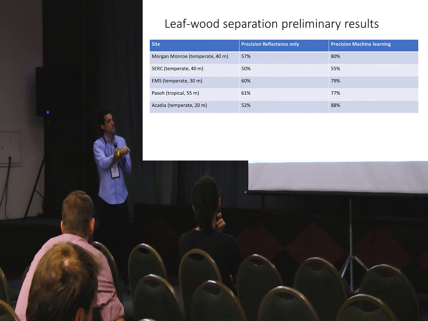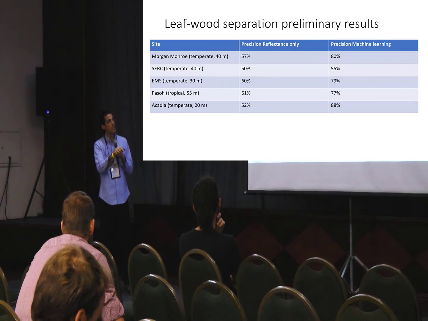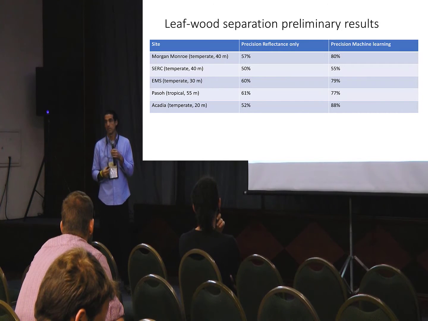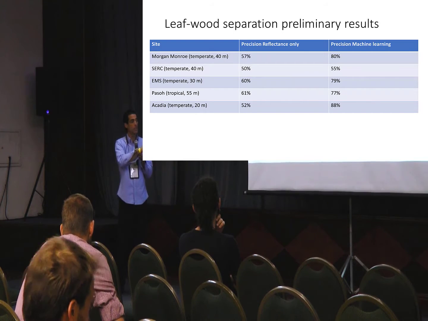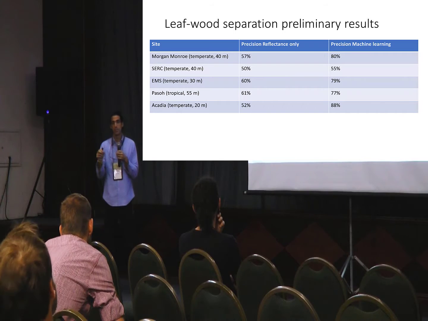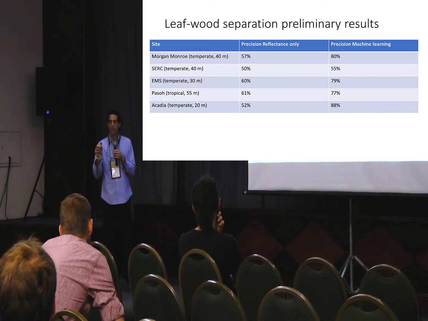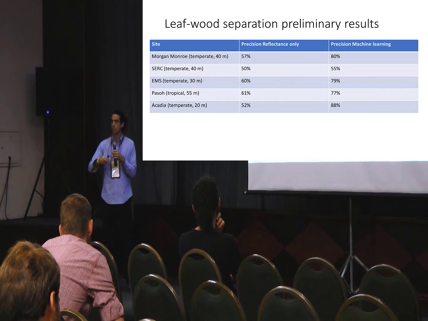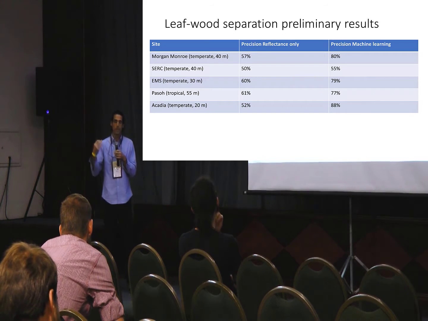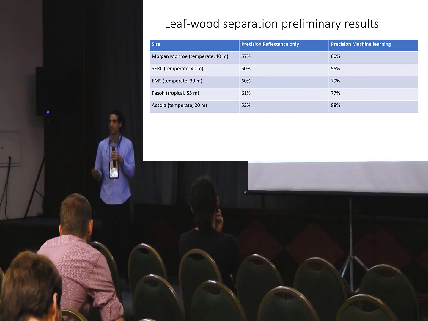But to me, this says that clearly the machine learning approach is worth the effort invested for doing the separation. And the other thing that we learned is that it doesn't necessarily need to be trained specifically on a forest to be applied to a certain forest. So we can train a method and then apply it to a different forest, and it's still going to work.